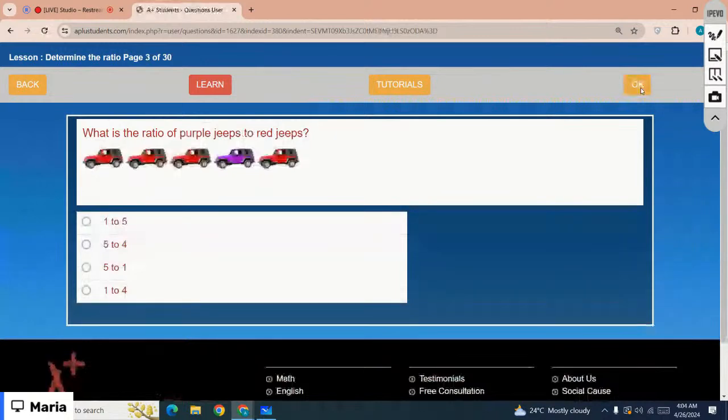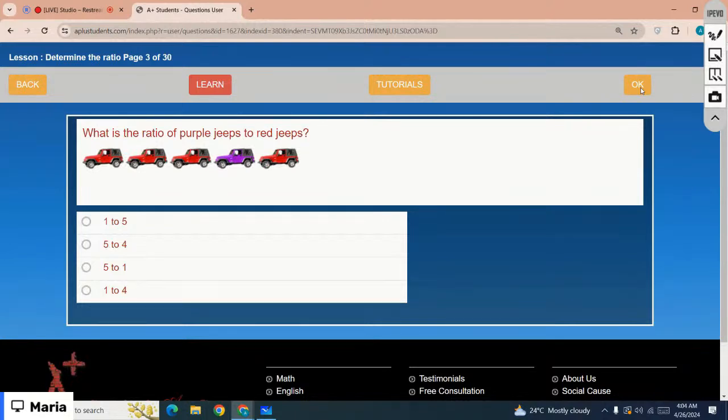What is the ratio of the purple jeeps to the red jeep? Which option is the correct one? Purple jeep to red. Purple jeep is 1, and you have 4 red jeeps.